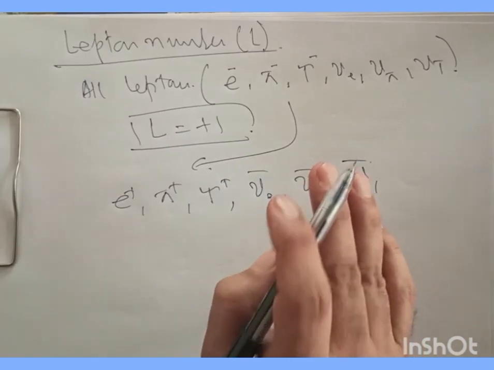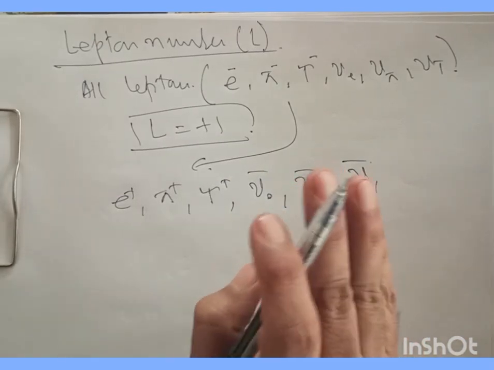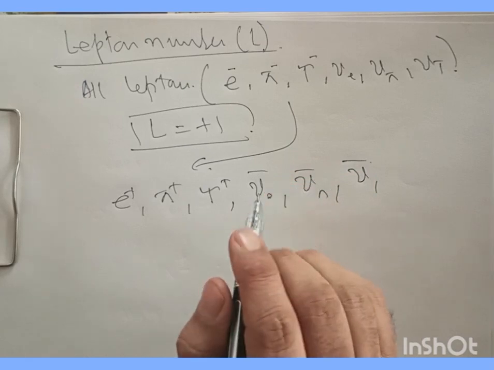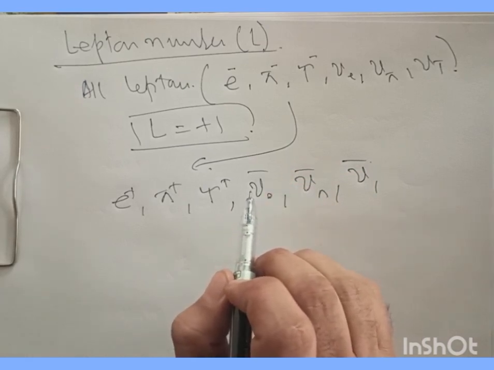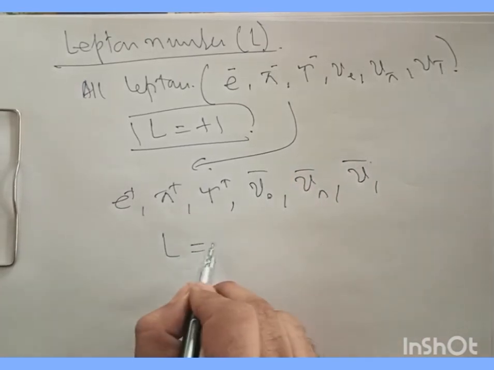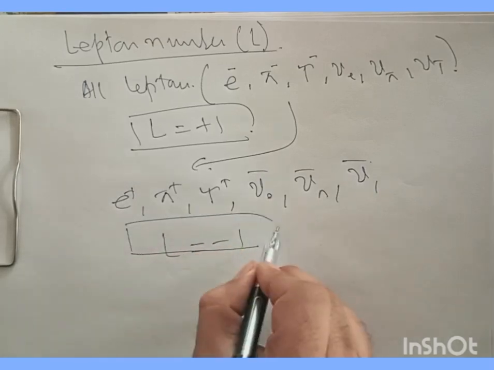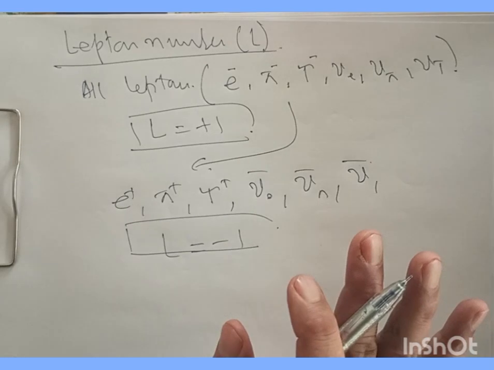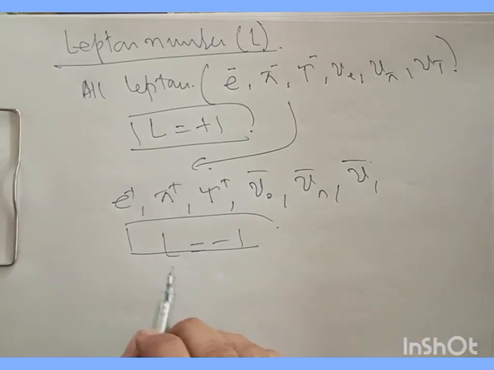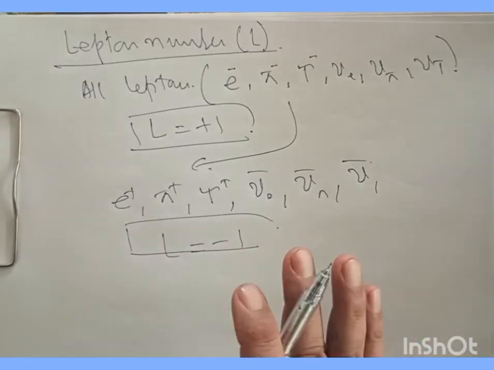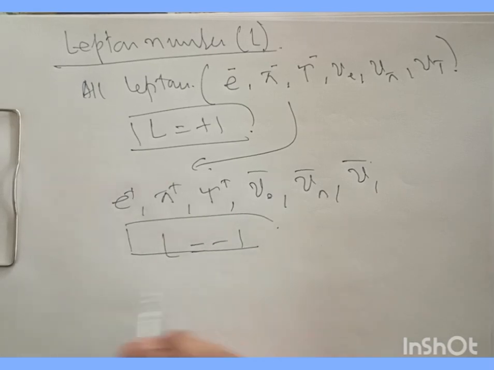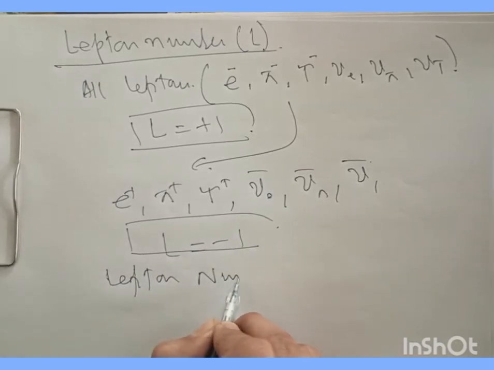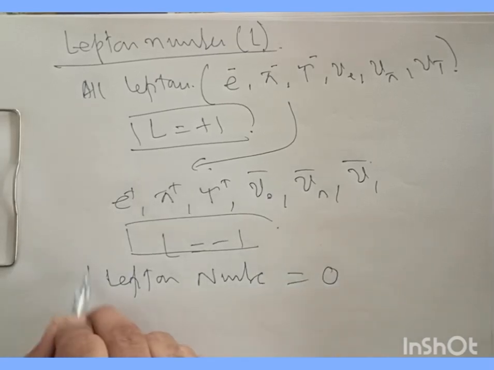All of these antiparticles of leptons have a lepton number of -1. So all other particles except the leptons have lepton number equal to 0. Any other particles not falling in the family of leptons, their lepton number is always equal to 0.